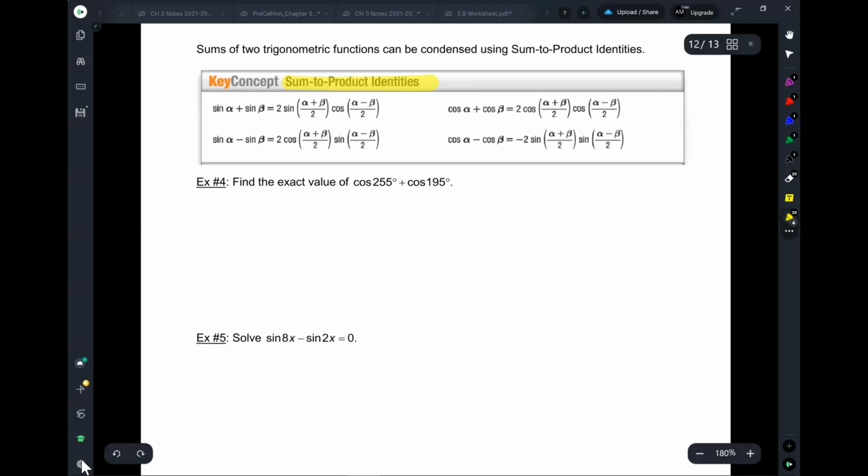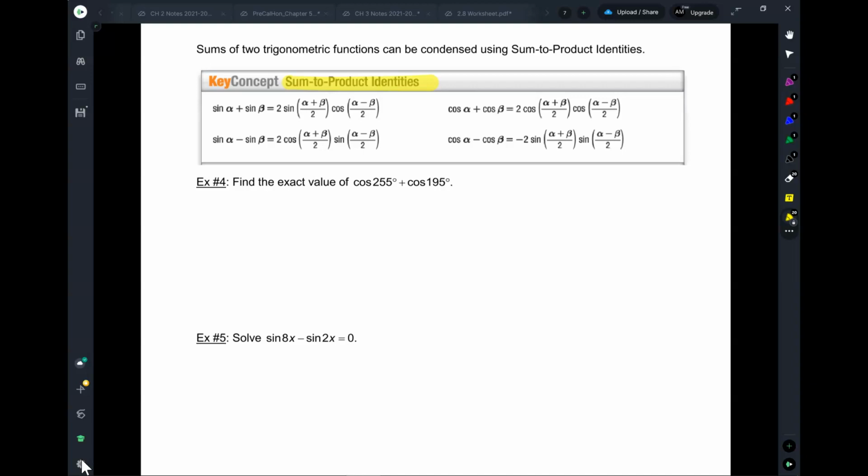Find the exact value of cosine 255 plus cosine 195. Okay, what? These are not even special angles. Then you say to yourself, how do you know what identity to use here? Is there a pattern here? I have cosine of an angle plus cosine of a different angle.